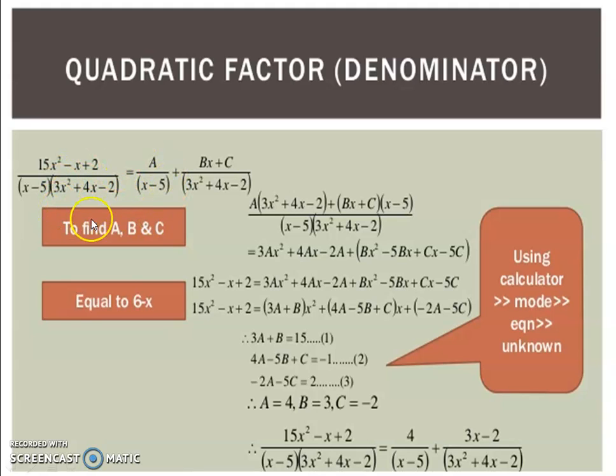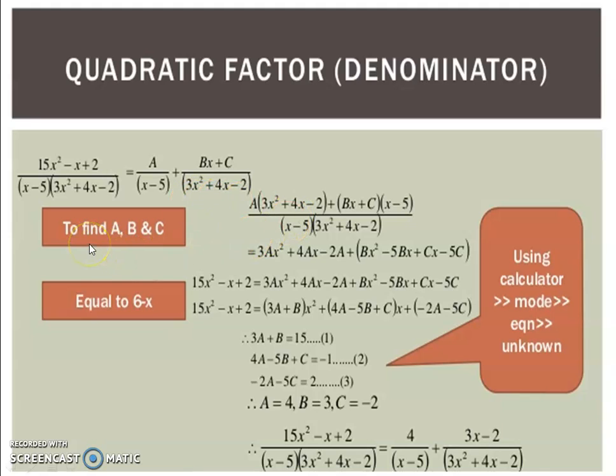So this quadratic has no factors. So we write A/(x - 5) + (bx + c)/(3x² + 4x - 2). That means A over the non-repeated factor plus (bx + c) over the quadratic, which is an irreducible quadratic.